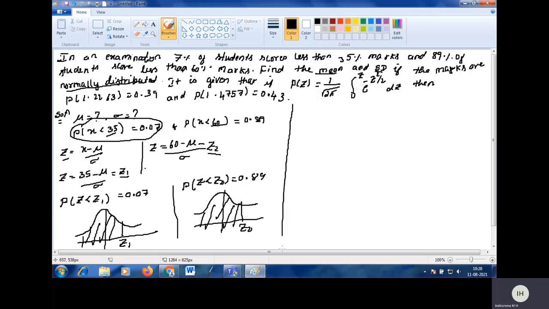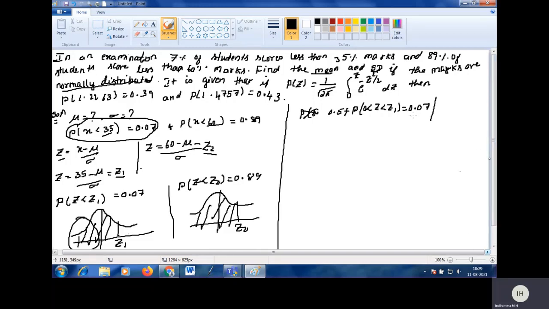Therefore this can be written as 0.5 plus the probability of z between 0 to z1, which becomes 0.07. And the second one can be written as 0.5 plus the probability of z between 0 to z2.